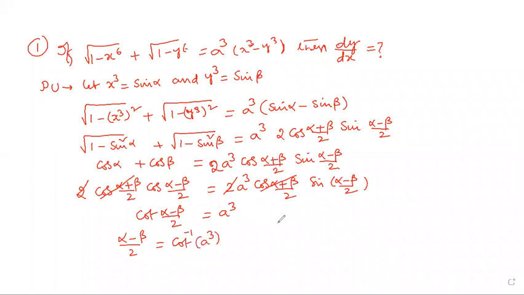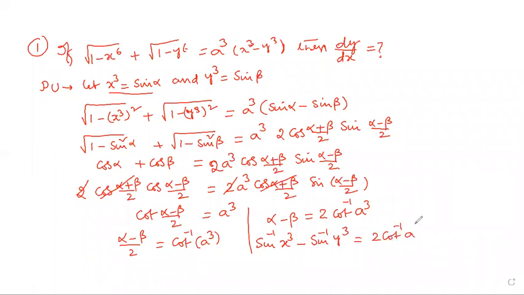Next, write down alpha minus beta by 2, cross multiplication, 2 cot inverse of a cube. Okay? So alpha is equal to sine inverse of x cube minus sine inverse of y cube is equal to 2 cot inverse of a cube.